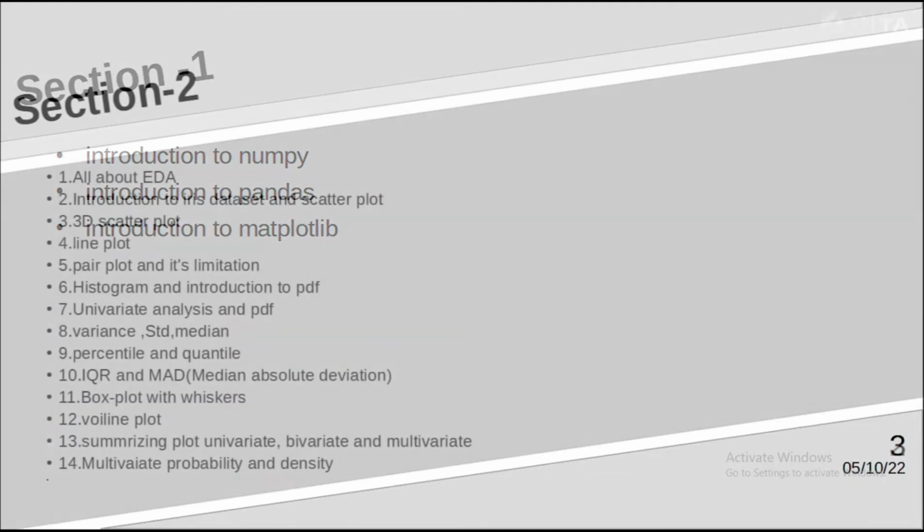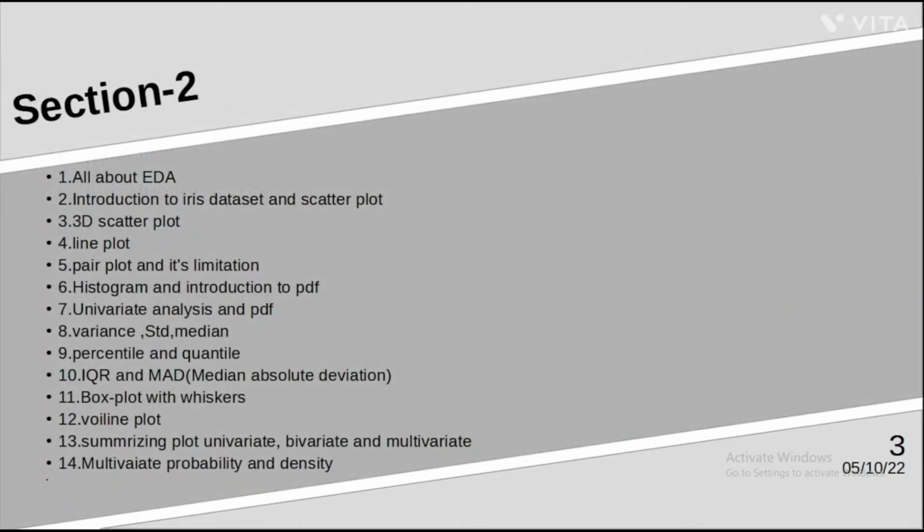In section 2, we go into more depth on visualization, right? In the exploratory data analysis part, we are going to explore some plots like scatter plot, line plot, pair plot and its limitation, and histogram, and how the histogram is useful to identify the data pattern, right?